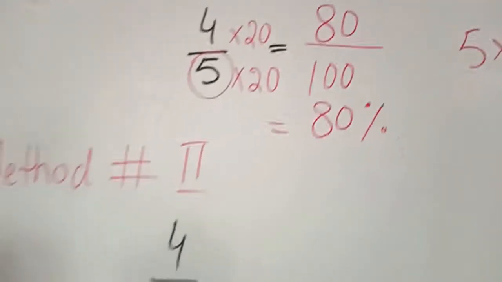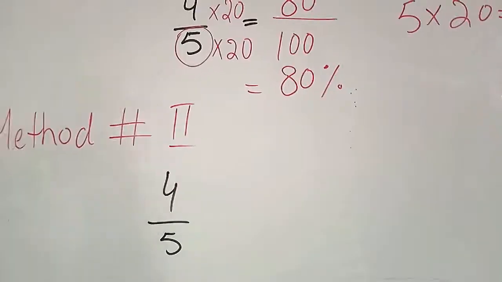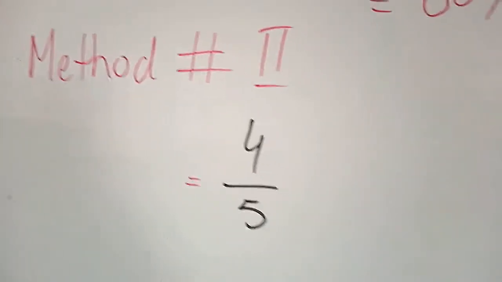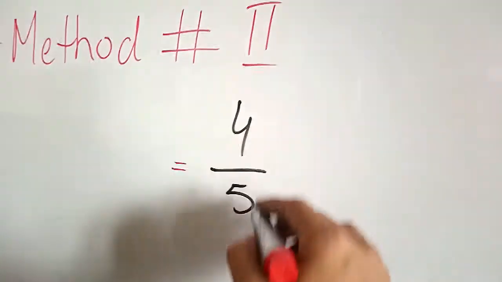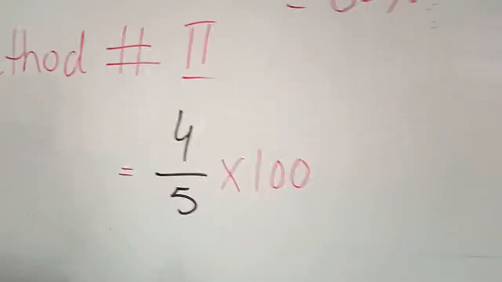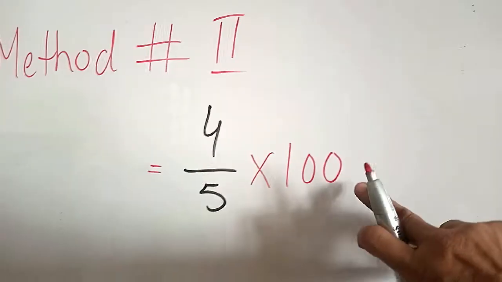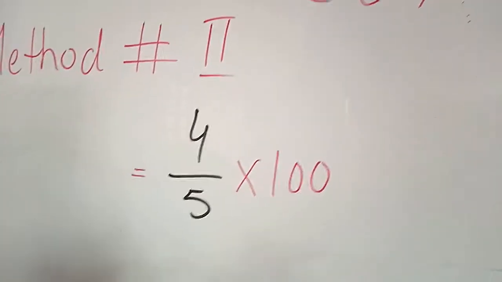The answer is 80%. Now, I will tell you about method number 2. In method number 2, whenever we find out the percentage, we have to simply multiply the given number by 100. I think it is the more convenient method. You can use method number 2 in any case, for any difficult number.